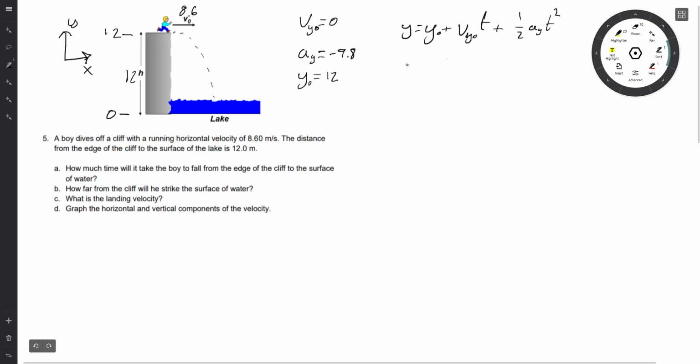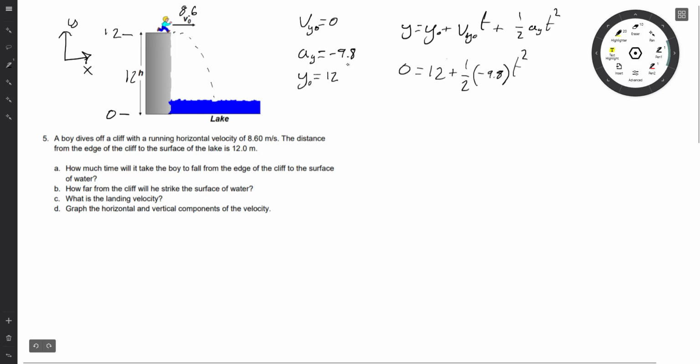So that's going to be 0 equals 12 plus Vy0, which is 0. So 0 times time is 0, so that's gone, essentially. And then we've got a half ay times time squared, but that's really going to be a half times negative 9.8 times time squared.